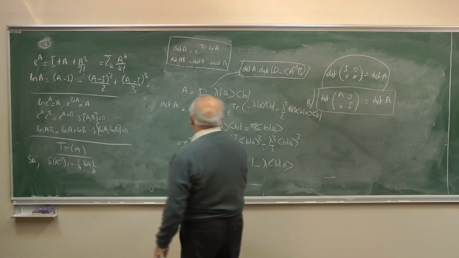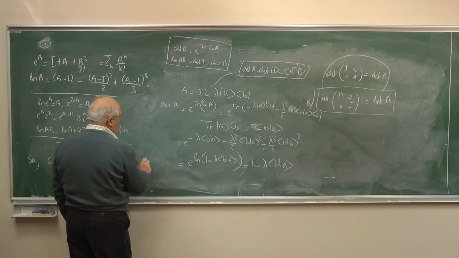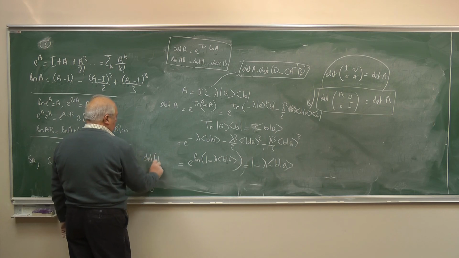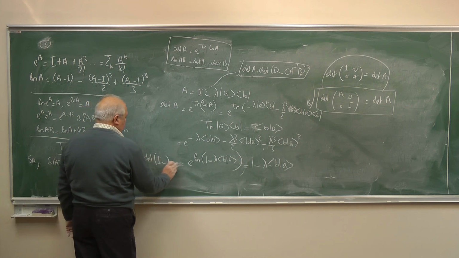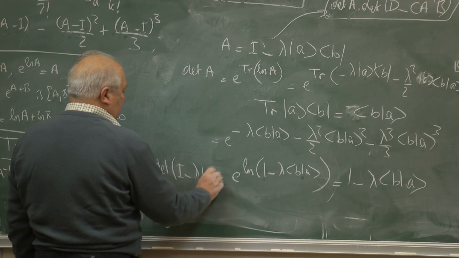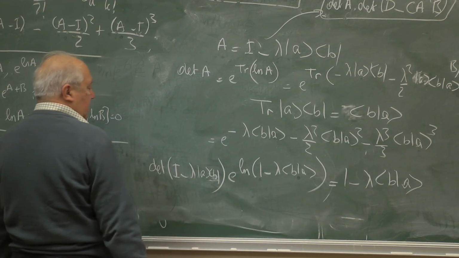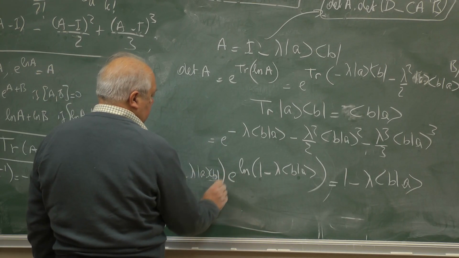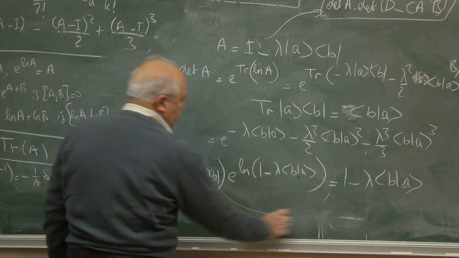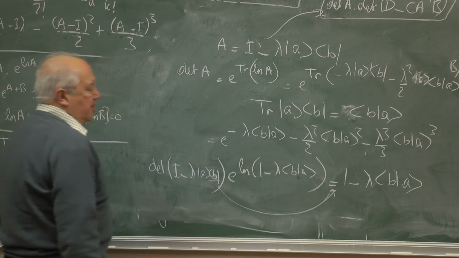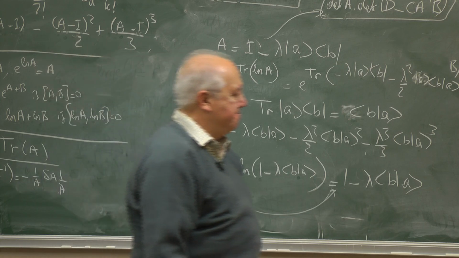So the determinant of I minus lambda AB is equal to 1 minus lambda BA.